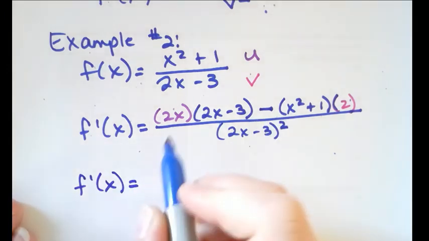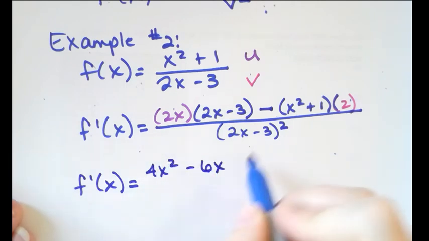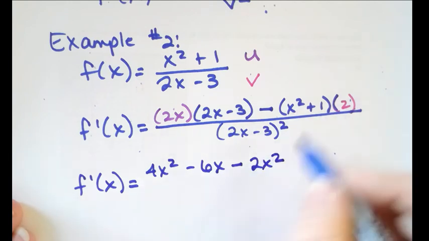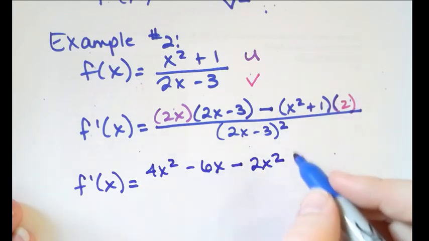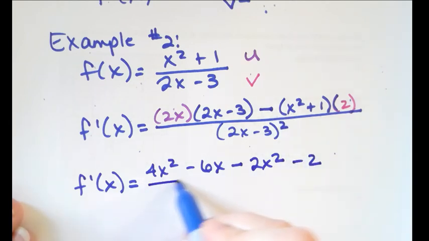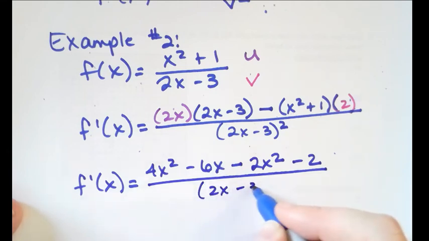So I have f prime of x is equal to 4x squared minus 6x minus x squared times 2 gives me 2x squared. 1 times 2 gives me 2, but I also have to distribute this negative, so I have negative 2. All over 2x minus 3 squared.